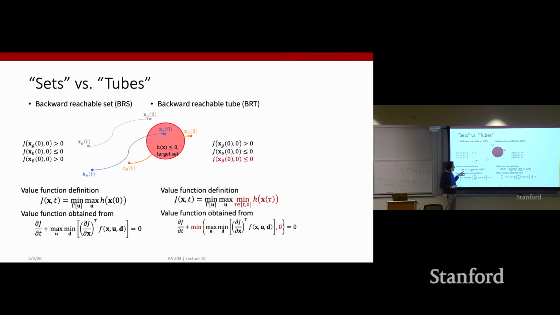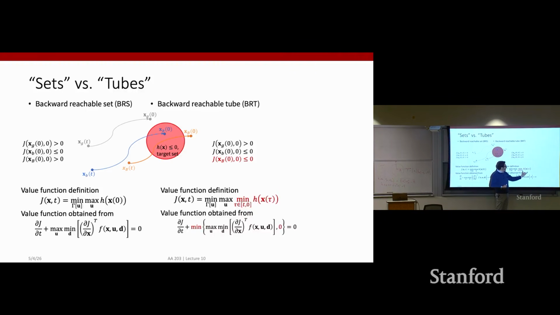How do you change the problem formulation such that you encode this objective? So one way that you could do that is by replacing h of x0 as your cost with the minimum over tau in the optimization horizon of h of x tau.